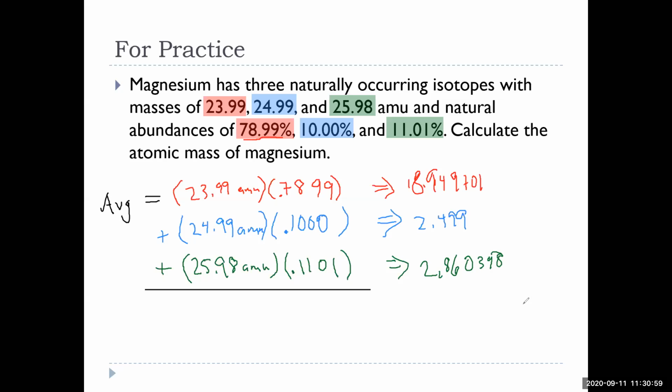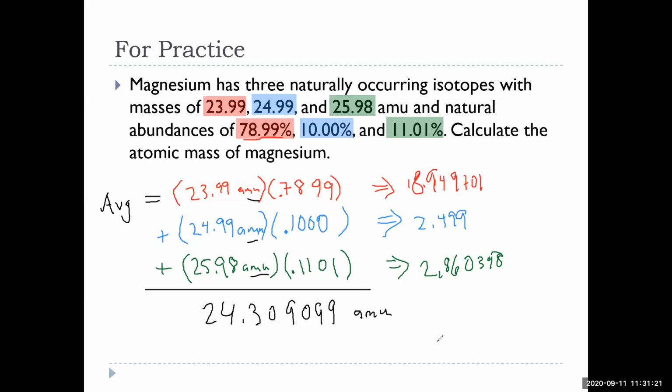So we can do this in multiple steps, and when we add them together, what do we get? Our final value here is going to be 24.309099, and our units are AMUs, so we have this many AMUs.